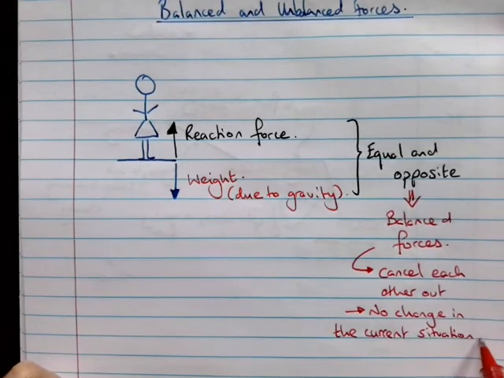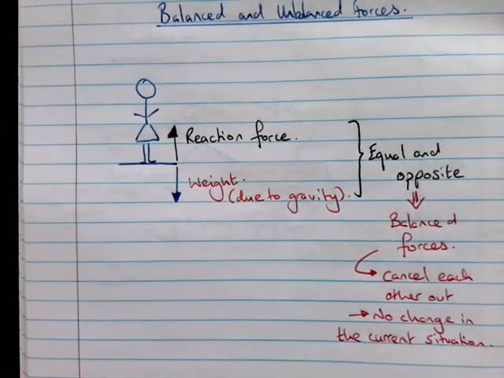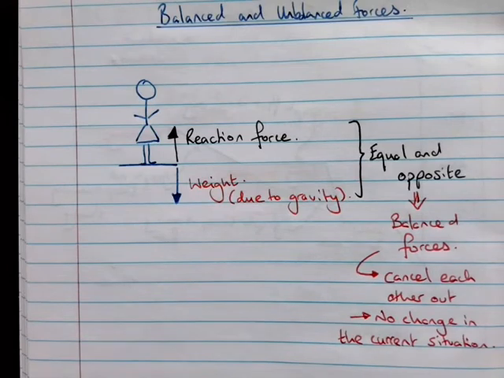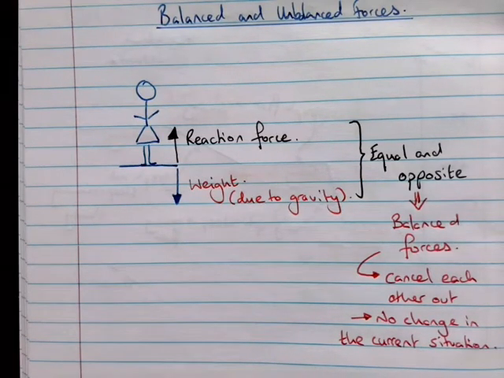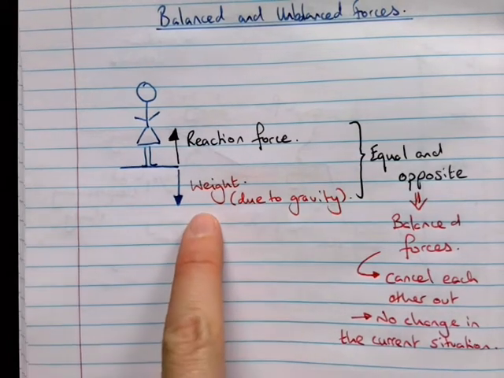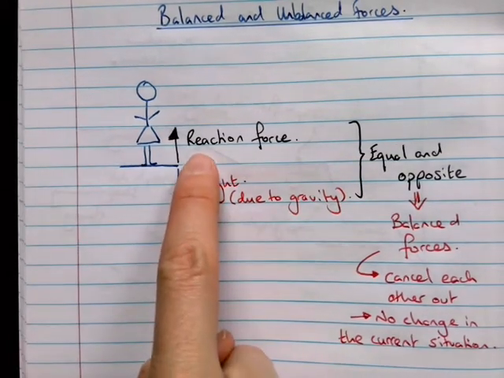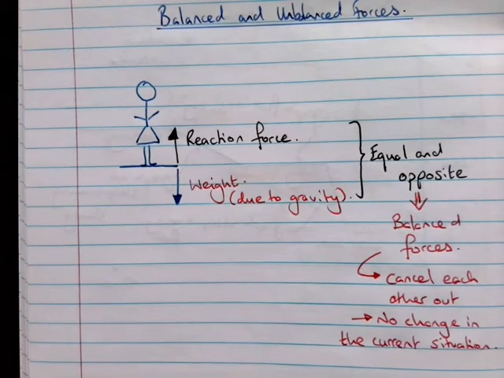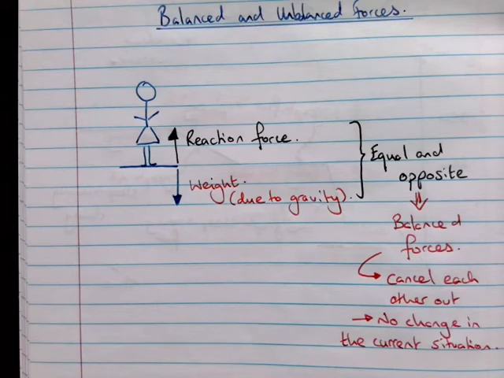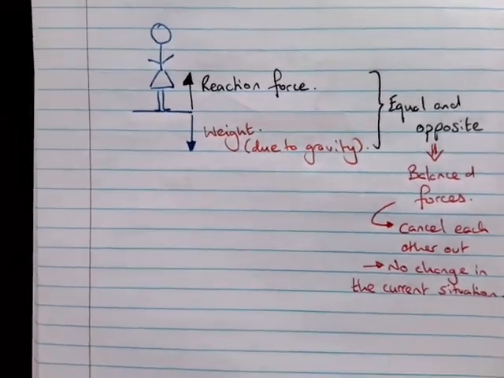That is really important. I've been very careful about how I've said that. You might be thinking, if the forces are balanced, it means there's no change in position. So your weight is equal and opposite to the reaction in the ground, and because of that, you do not move. That's right, but it's not exactly true to say it like that, and we can do another example to see why.